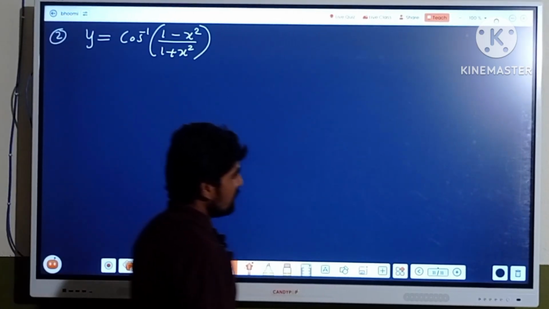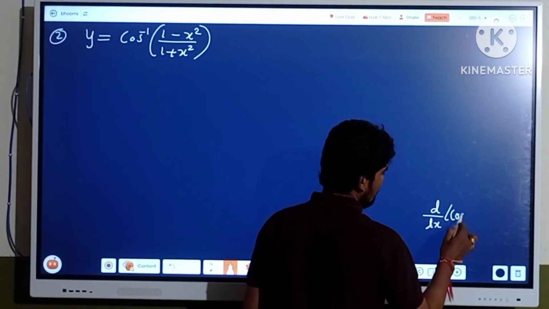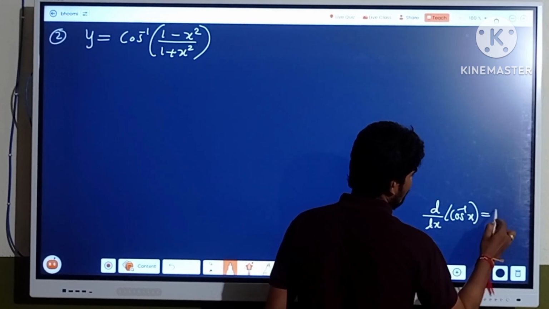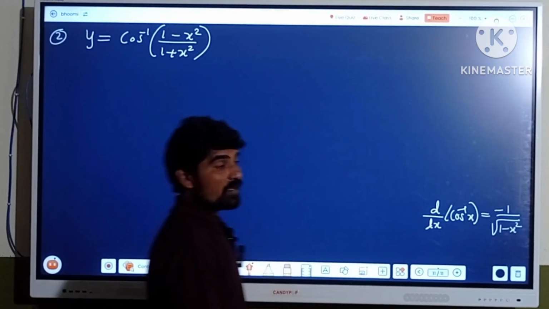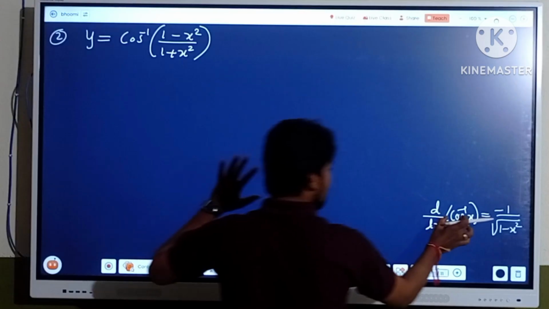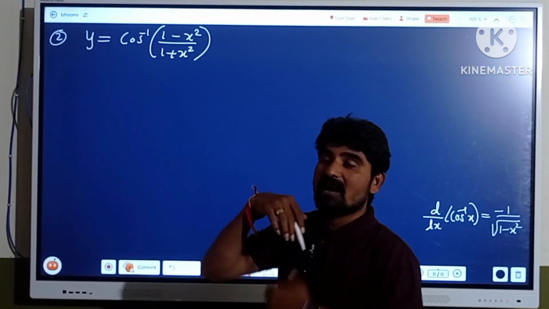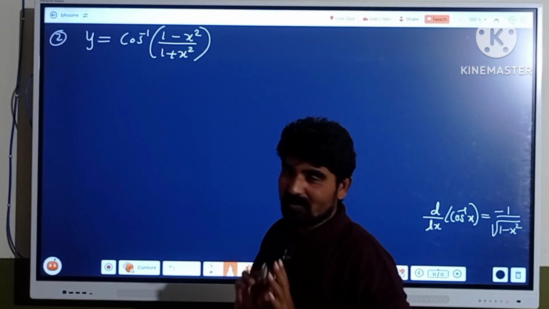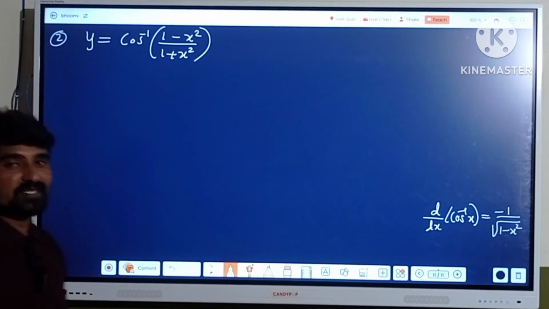We know that the derivative of cos inverse x is equal to minus 1 divided by root 1 minus x square. But here the argument of cos inverse is in u by v form, so it is complicated to find the derivative of cos inverse of 1 minus x square divided by 1 plus x square.